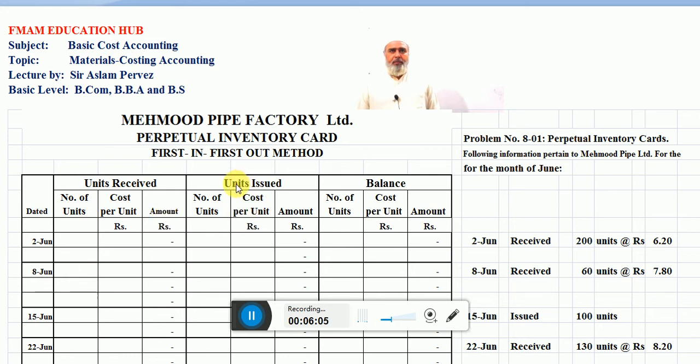Same as units issued has its three sub columns, same as explained in the units received column.